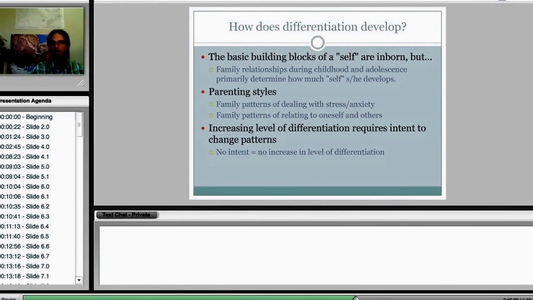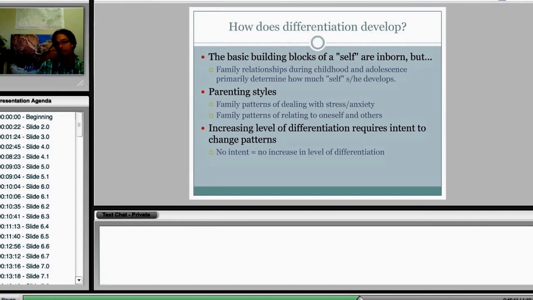And this is another part: to increase someone's level of differentiation, it requires attention to change, without paying specific attention to differentiation, one's level is not going to fluctuate. It will remain about the same level of differentiation as the previous generation. So ask yourself, how much more differentiated do you feel than your parents? Do you find yourself doing some of the things that they did even though you didn't want to do that? Is that an emotional reaction?